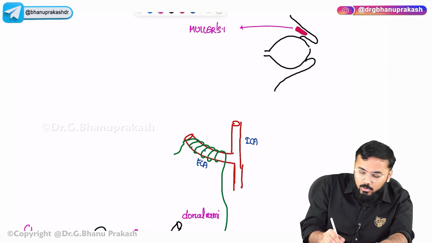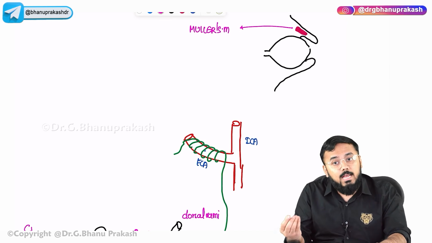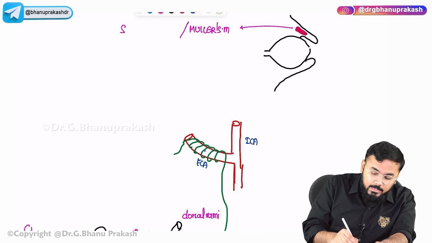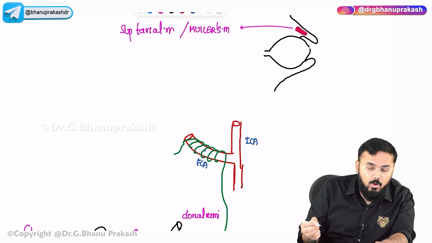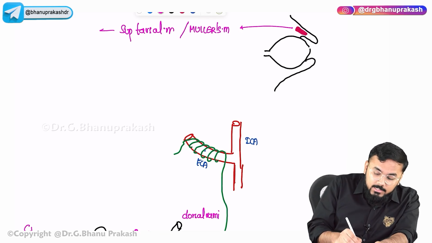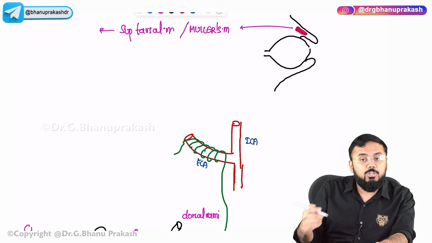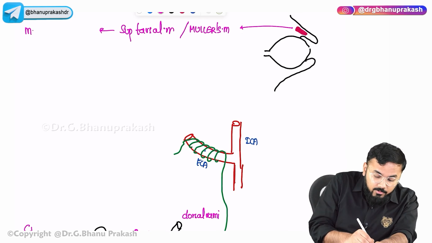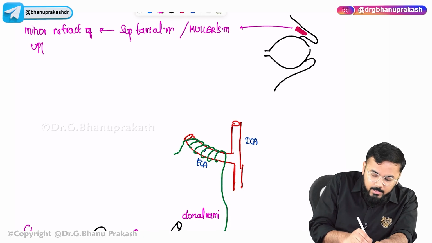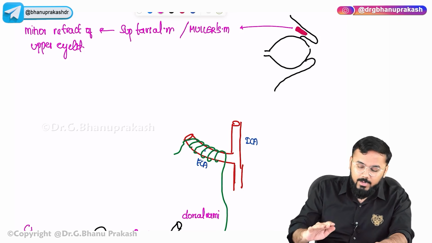What is the other name for Muller's muscle? Superior tarsal muscle or Muller's muscle. And what does this do? This will cause a retraction of the upper eyelid. It means it will open the eyelid. Okay, but powerful retraction? No, just minor retraction of upper eyelid.